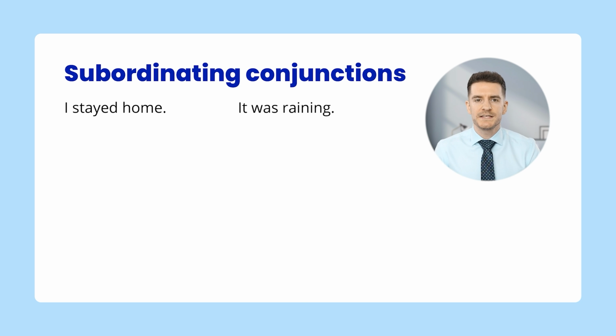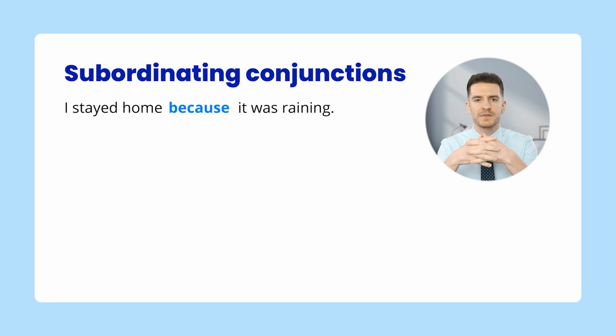Now, have a look at these two sentences. I stayed home. It was raining. Two very, very simple sentences. How can we join them together? Well, we can simply use the word because. I stayed home because it was raining. So this word because is an example of a subordinating conjunction.